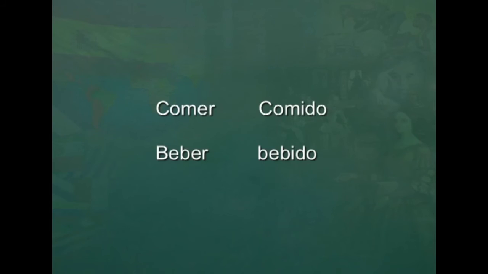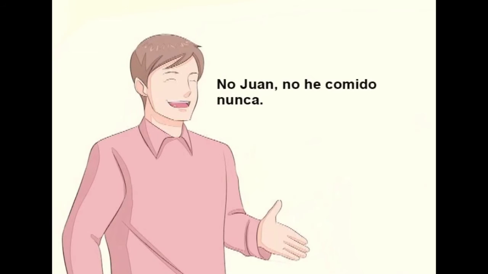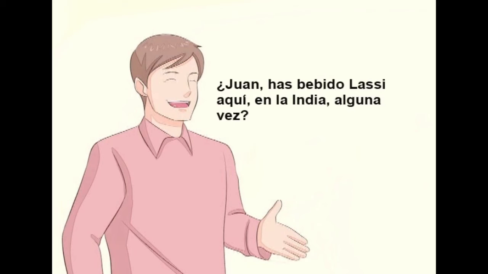Let us now look at the participle, how it is made in ER and IR ending verbs, like comer, comido, beber, bebido. Anand, ¿has comido la paella alguna vez? No, Juan, no he comido nunca. Juan, ¿has bebido lassi aquí en la India alguna vez?